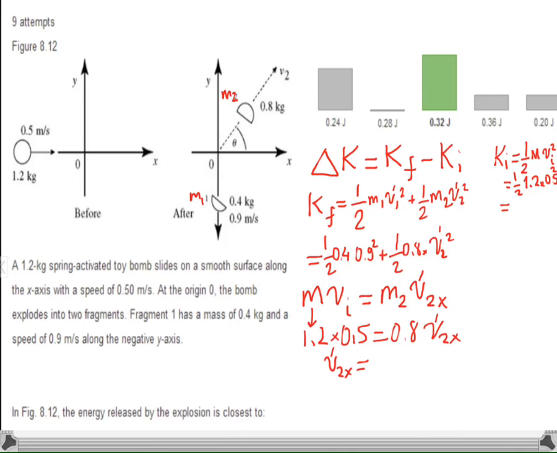Remember, I need V2 prime squared to calculate the final kinetic energy. Here, V2 prime squared, you see. So what is V2 prime squared in terms of its components?